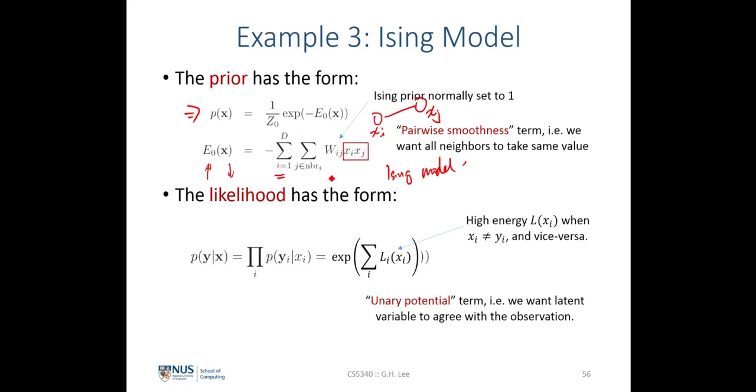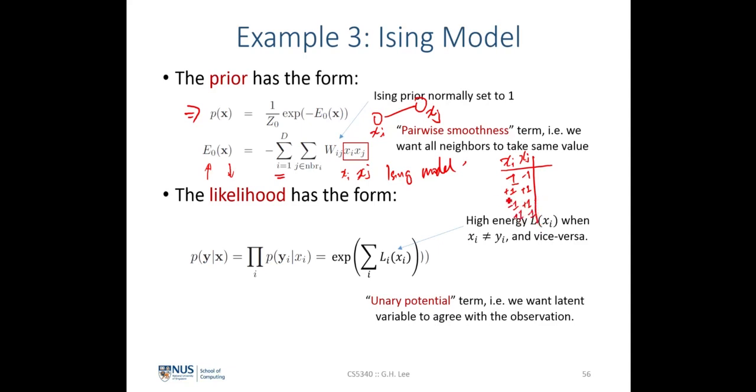W here is simply a constant weight, or a constant cost, that we assign to this energy value. In the case of x_i and x_j being binary random variables, we would have 4 different combinations over here: x_i, x_j can both be -1, or +1, +1, or -1, +1, and +1, -1.